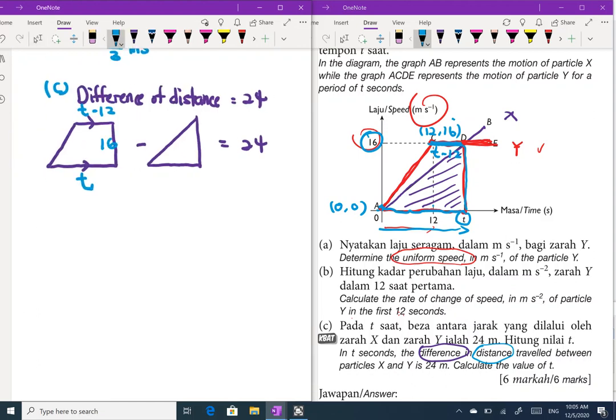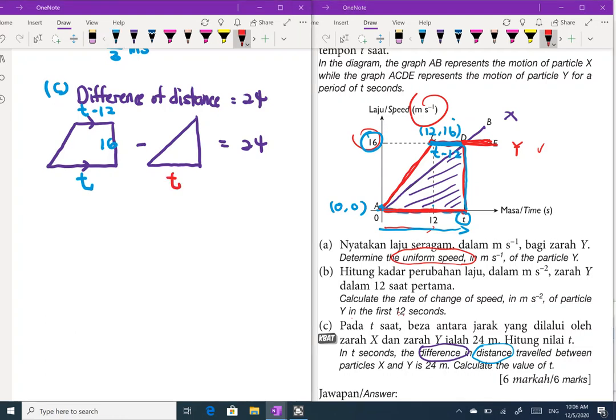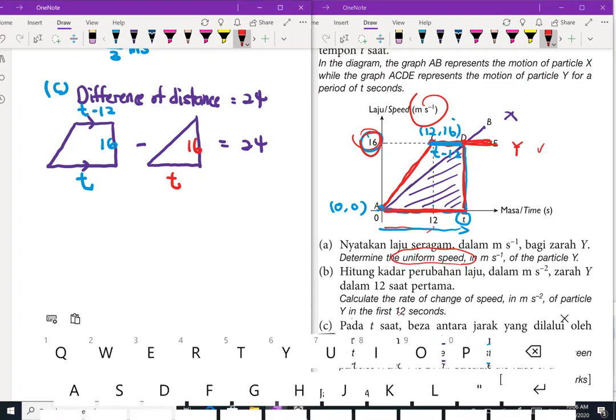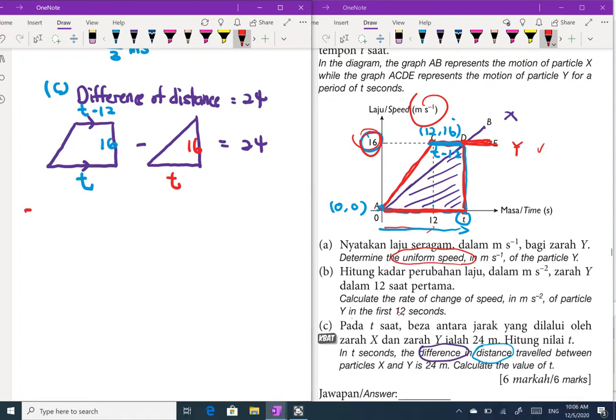How about the triangle? The length of this side of the triangle is t, and the height is 16 also. Okay, now we apply the area. How to find the area of a trapezium?